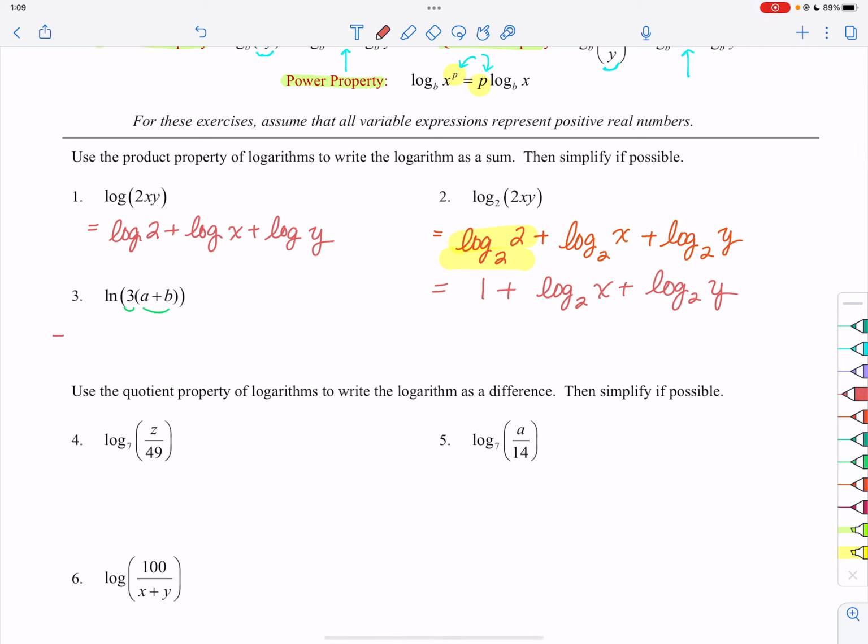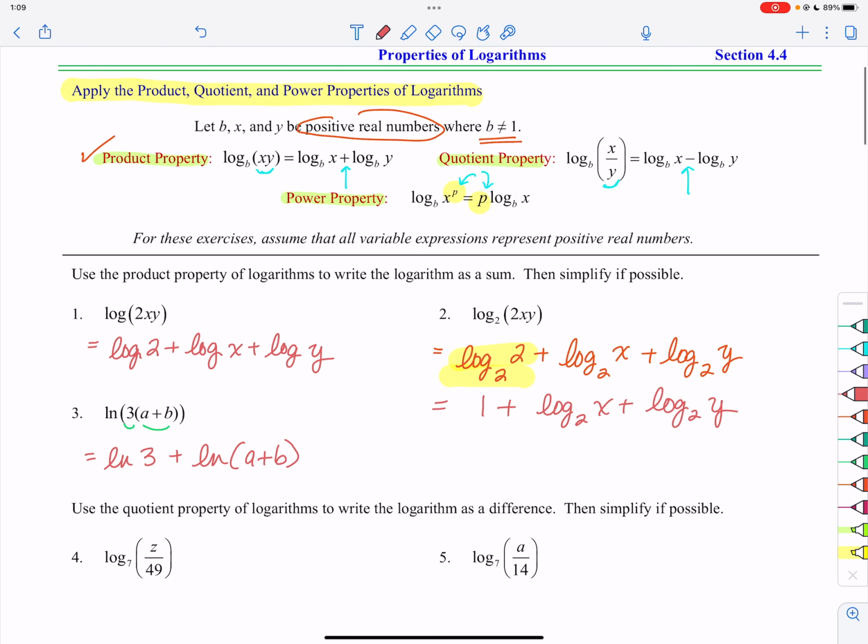So here we have the natural log of 3 plus the natural log of a plus b. We do not have a property of the log of a sum. We only have a property using the log of a product or a quotient.